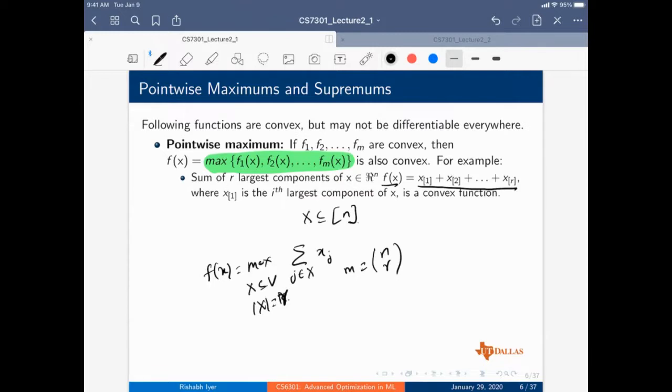So you take all possible subsets of size r and you try to maximize the subset sum over all these subsets. The max value of this will be nothing but the sum of the r largest components.